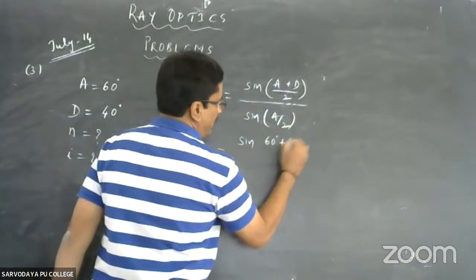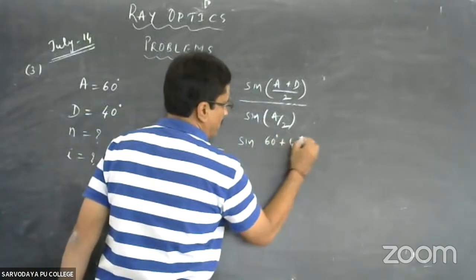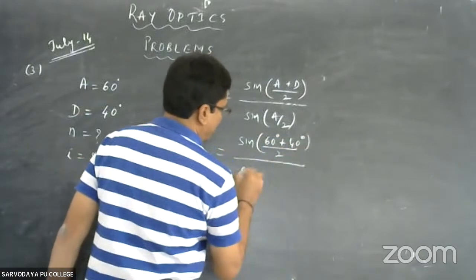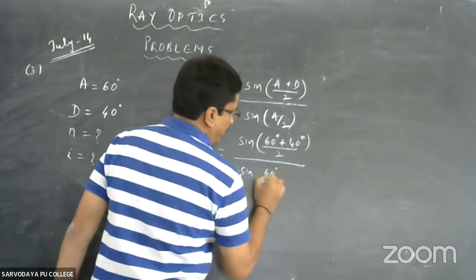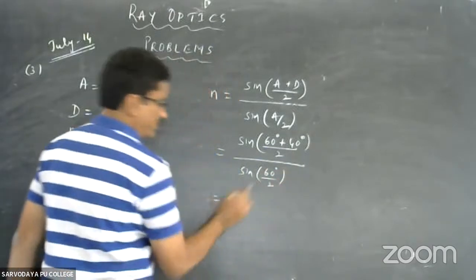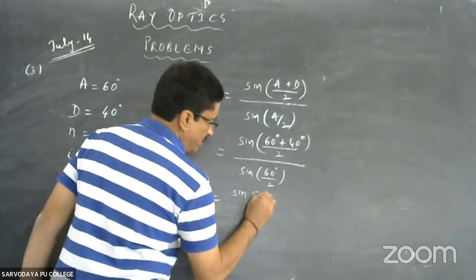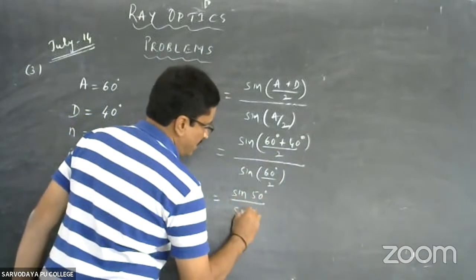This is sin of (60 degree plus 40 degree) by 2, whole divided by sin of 60 degree by 2. 60 plus 40 is 100, divided by 2, that is sin 50 degree. And this is sin 30 degree.